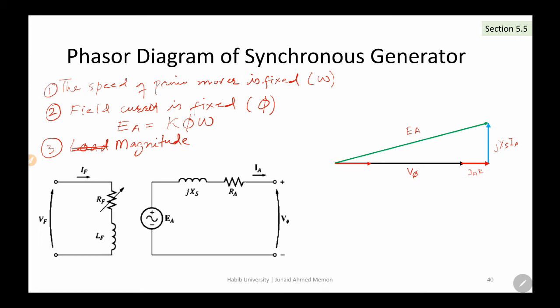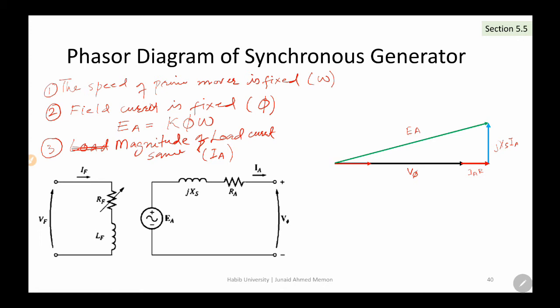So we keep the magnitude of the load current the same, which means we are only varying the phase angle of our load current. IA is the same, only the power factor angle is varied, or in other words the nature of the load is being varied. These are the primary assumptions that we are going to impose. How we impose these, we'll shortly see.